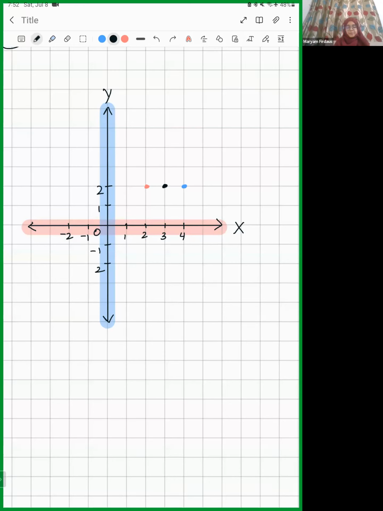Now I tell you, from the origin, you have to go 3 units to the right, which basically means you have to travel positive 3 units in the x direction, in the x-axis. You have to travel positive 3 units on the x-axis. Okay, so now you have traveled, one sec.